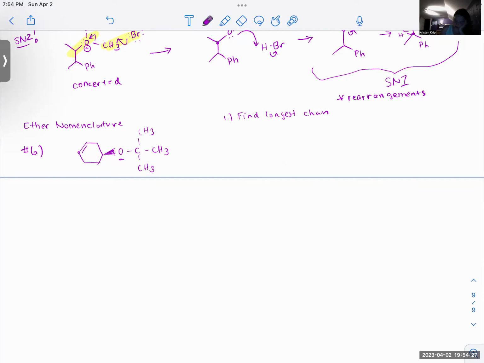Over here we have 1, 2, 3, 4, 5, 6 carbons, whereas here we only have 1, 2, 3, 4. So this is going to be our main chain. It happens to be a cyclohexene, because we have that double bond in there.